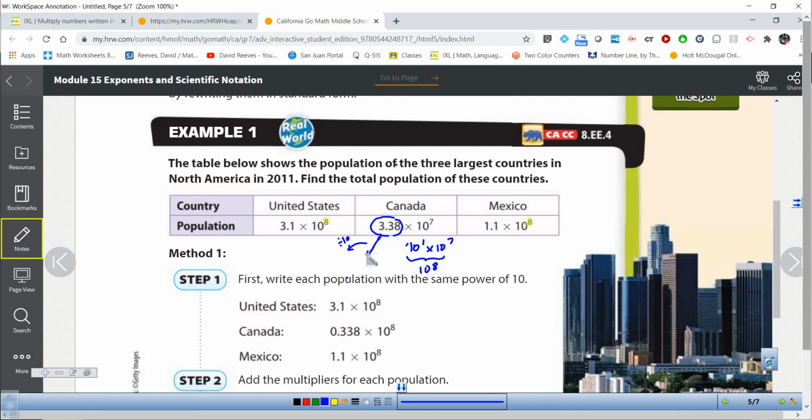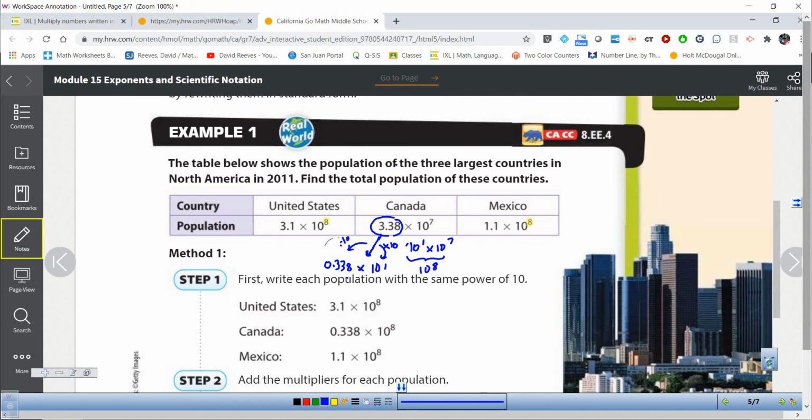This part right here is going to be times 10, right? We're writing it as 10 to the 1st power. So that part got 10 times bigger. So if I want it to be equal, this one has to get 10 times smaller. And how do you make it 10 times smaller? By moving the decimal one place to the left.